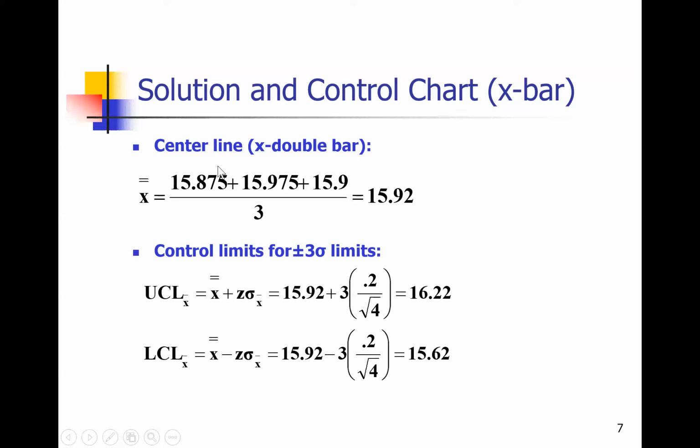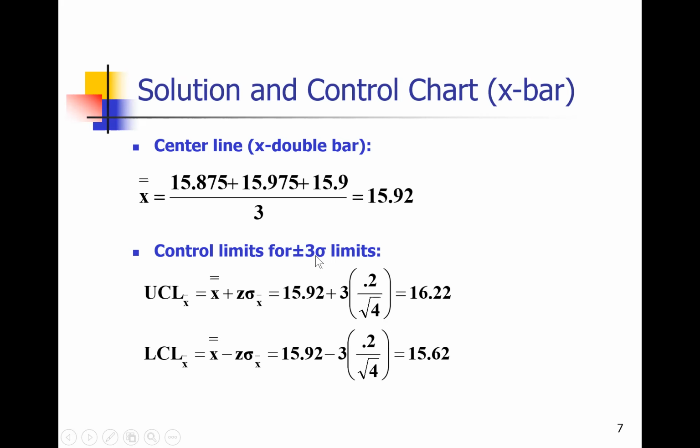This is the number 1 sample's average, this is the number 2 sample's average, this is the number 3 sample's average, divided by 3. And the average sample mean is 15.92. It is the central line.